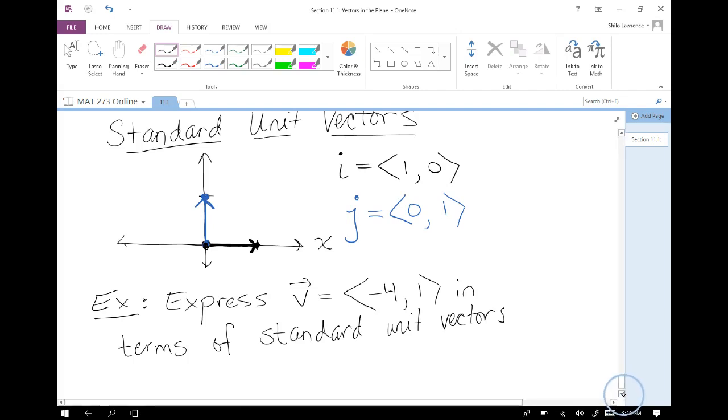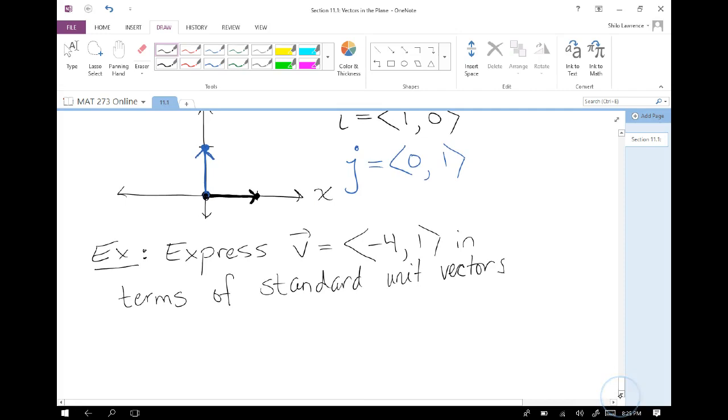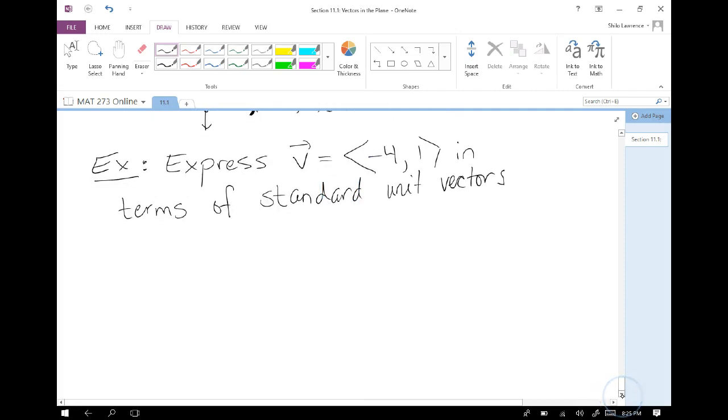What I'm going to do here is I'm going to use those properties that we learned of how you add, subtract, multiply vectors, but I'm going to use them backwards. So vector v is equal to -4, 1.